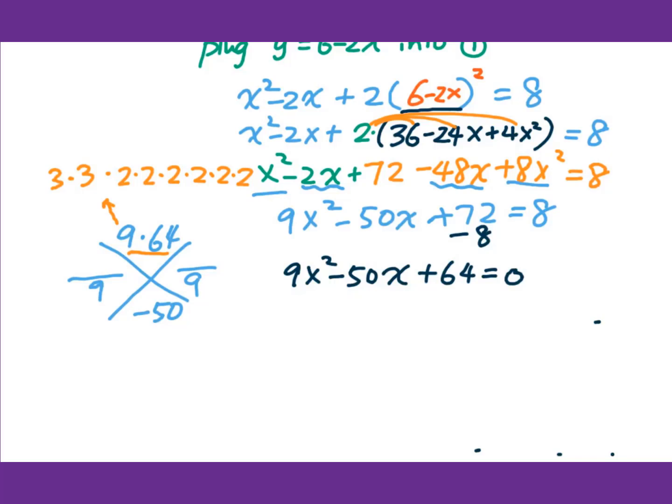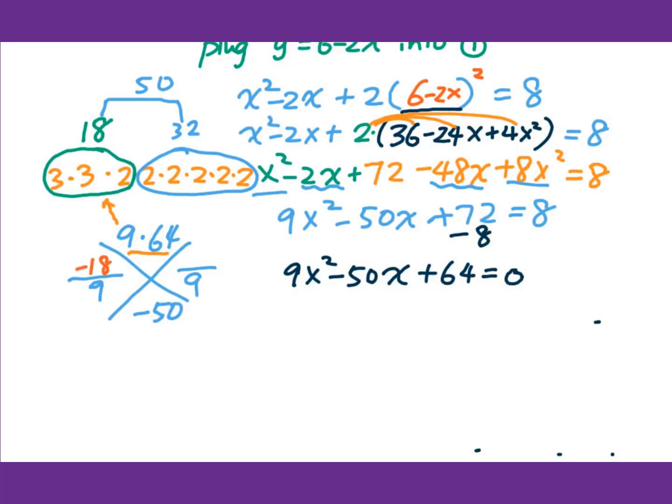Then this time you can check 9 times 2, that is 18. This one, multiplication, that's 32. Adding, that's 50. Therefore, we get negative 18, negative 32. Reduce, that's negative 2 over 1. The variable will be x.